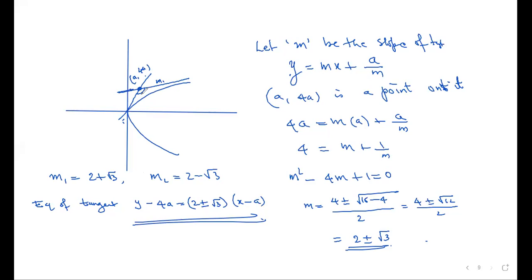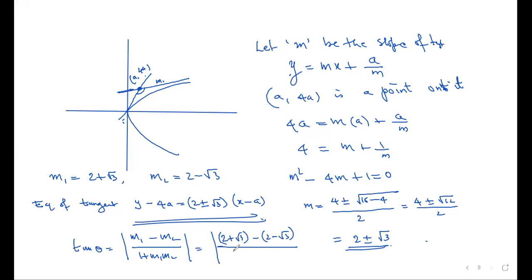Now we are asked to find the angle between them. So tan theta is equal to m1 minus m2 upon 1 plus m1 m2. So 2 plus root 3 minus 2 minus root 3 upon 1 plus 2 plus root 3 into 2 minus root 3. 2 got cancelled, so 2 root 3.